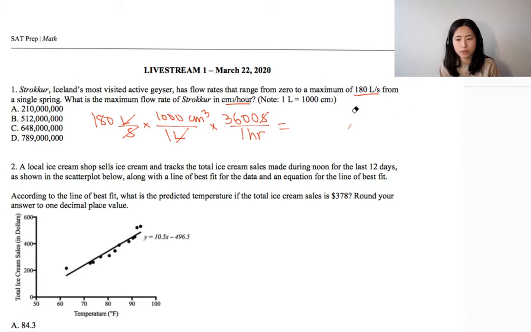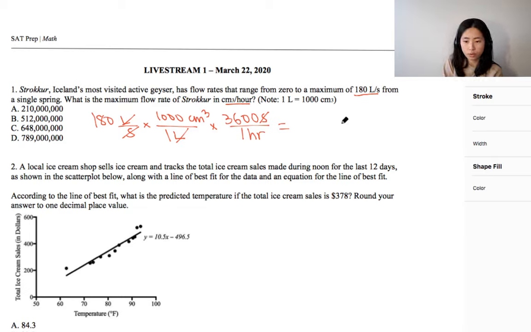So now we get to our desired unit, which is centimeters cube and hours, then we stop, right? So take your calculator out. You have to punch this in. So you have 180 times 1,000 times 3,600, and that's going to give you 648 and you have 6 zeros, right?